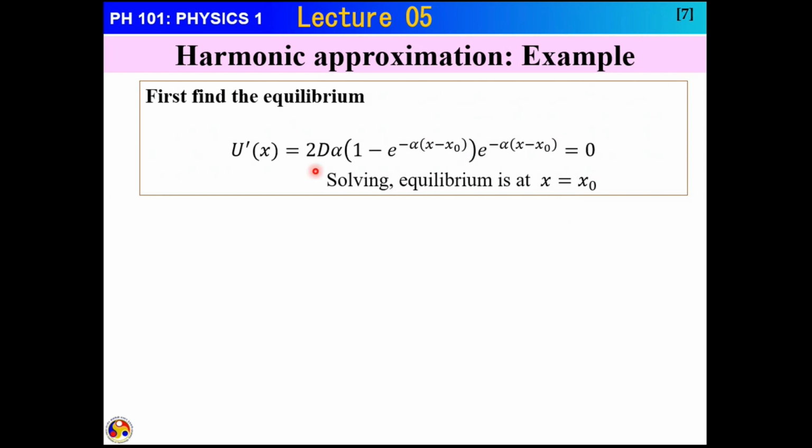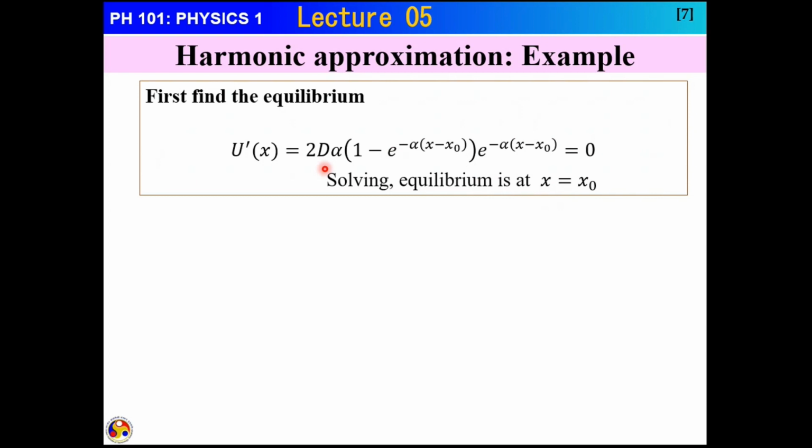If you are given some potential and you have to find the equilibrium position, the first thing you do is set the first derivative to 0. The point where the first derivative is 0 is called the equilibrium position. So here we take the first derivative and find it to be 0, and this gives us x equal to x naught.